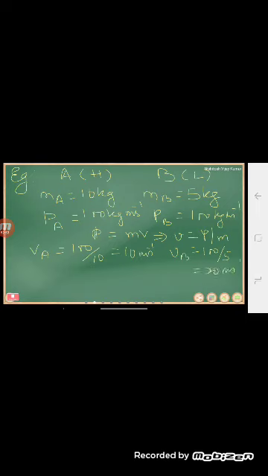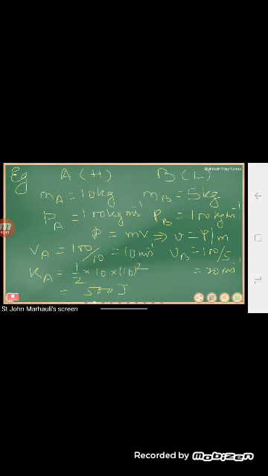Now I try to find out the kinetic energy. Ka will be half m v square, that is half into 10 into 10 square, which comes out to be 500 joules.